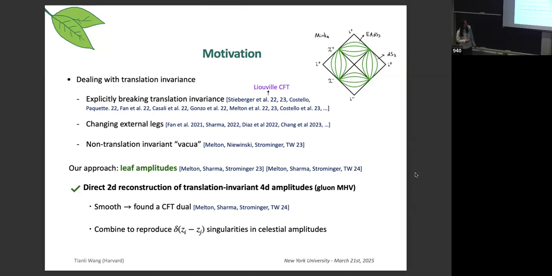In the first step, these leaf amplitudes being smooth objects allowed us to find a CFT dual for them. And this will be the main part of my talk. It's to tell you about the CFT dual and the holographic dictionary. And the second step is after obtaining leaf amplitudes from this CFT dual, we can combine them to reproduce the singular celestial amplitudes, meaning translation invariance emerges. So that's great.